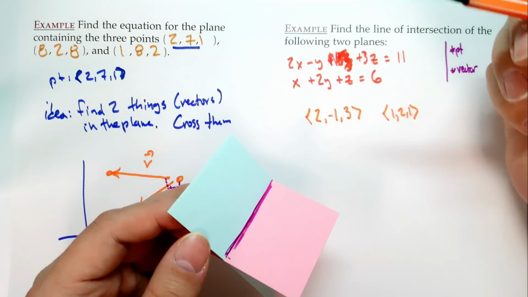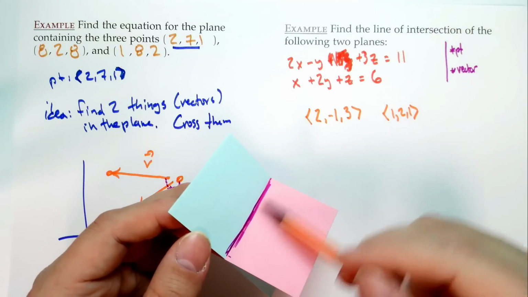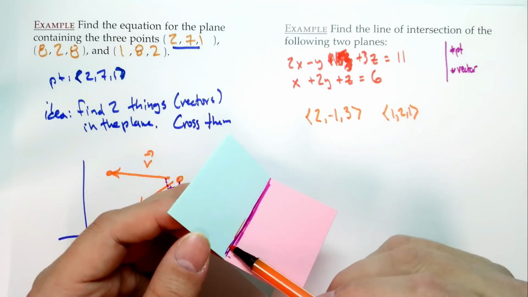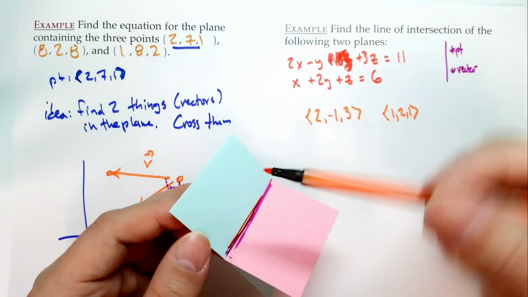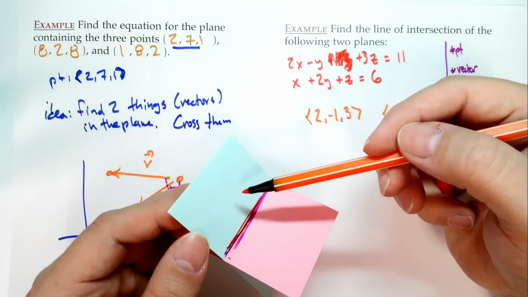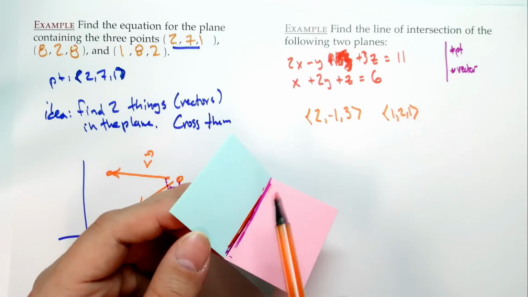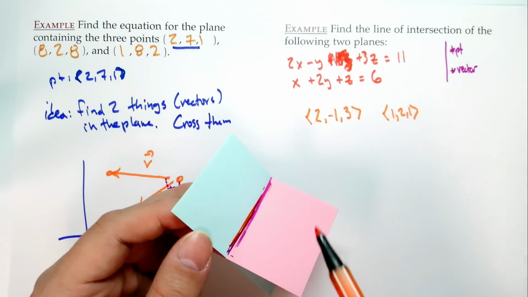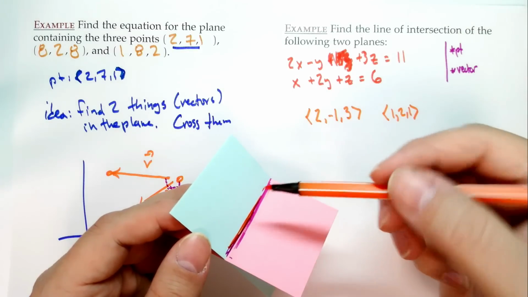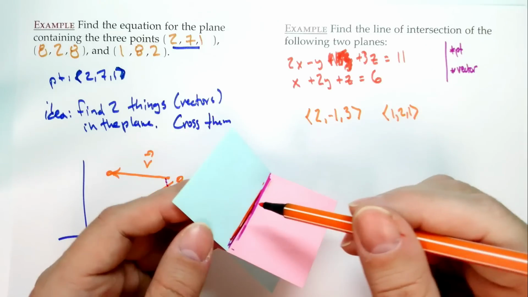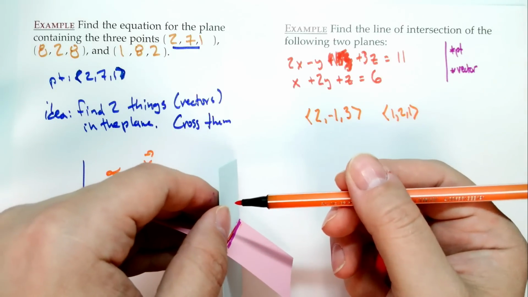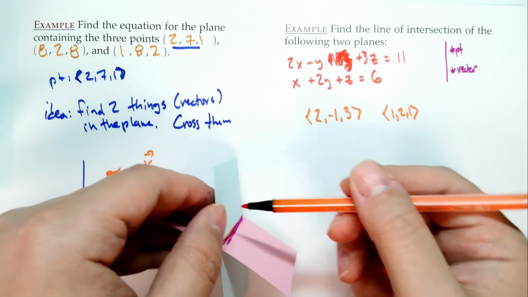Now, let's think about what's true about this line. Now, this line is contained in the first plane, which means that the direction of this line is inside of the plane. And anything in the plane has to be perpendicular to the normal vector. So the normal vector is going to be coming right off the plane. It's going to be perpendicular to this plane, form a right angle.